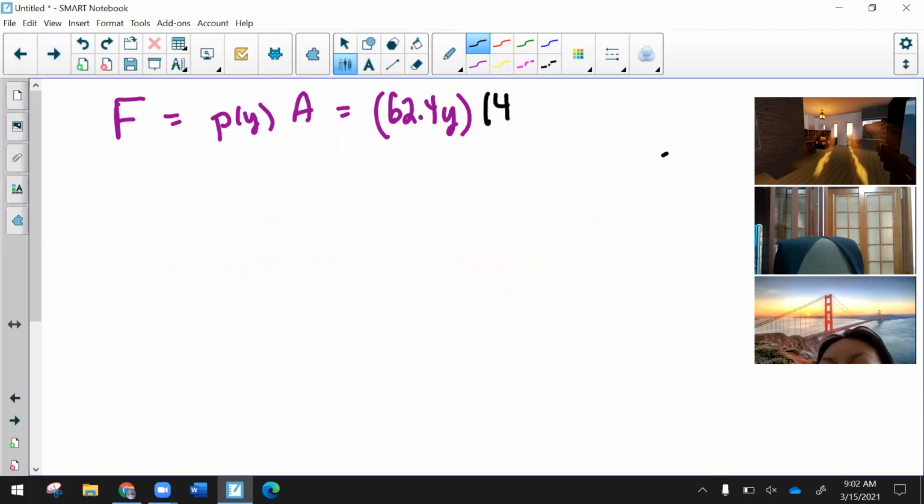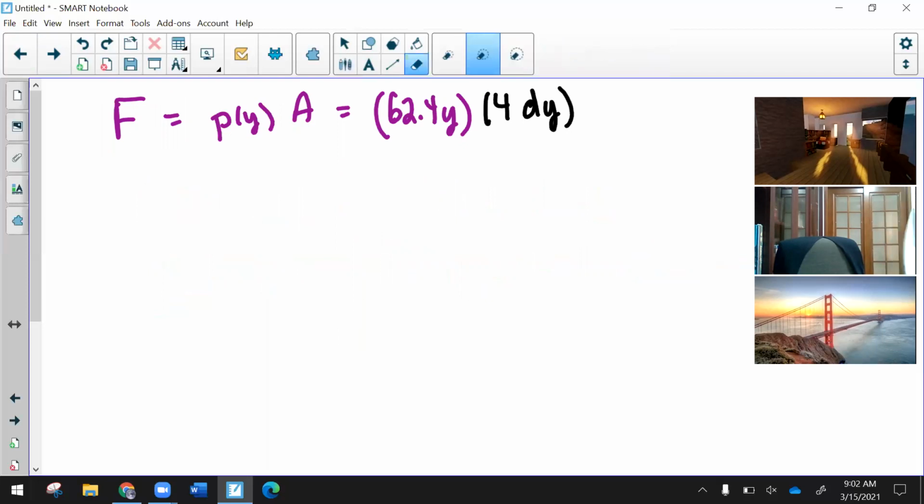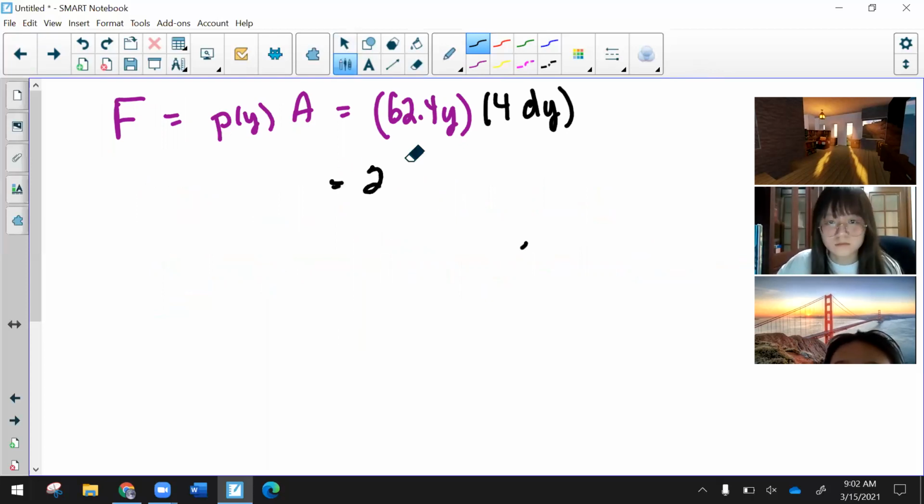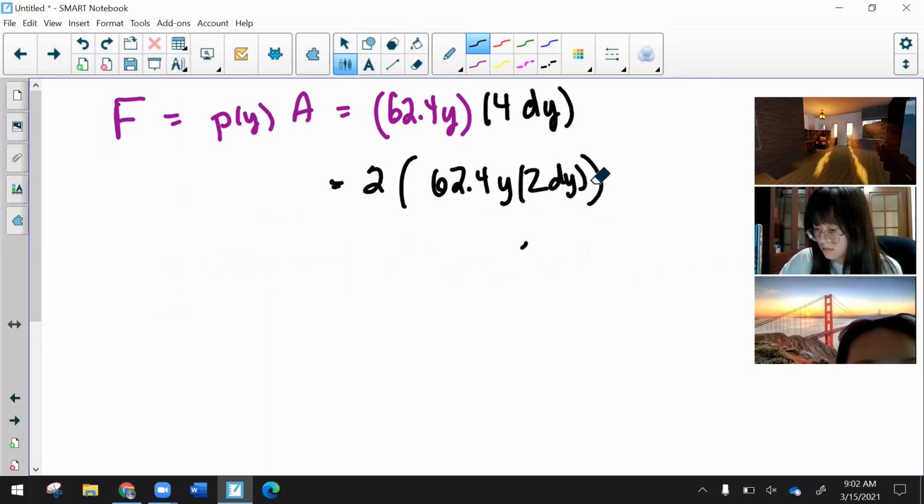Okay. So we're going to do a little math hand waviness. There's actually nothing wrong with it. But remember that this is 2 times 62.4 y times 2 dy, right?